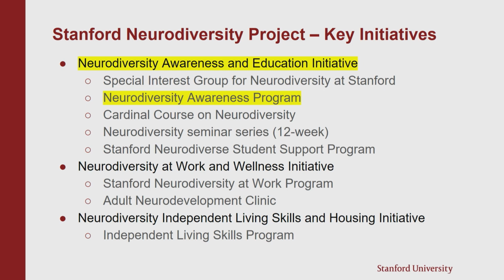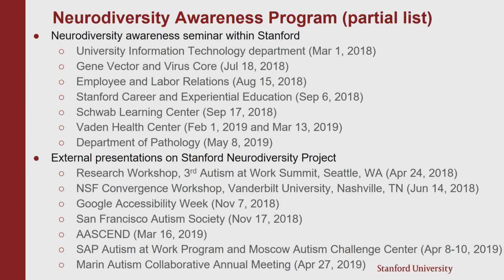So the next thing is awareness program. So basically that means I talk to as many groups about neurodiversity as possible, and this is only a small list that's included here. I talk both internally at Stanford as well as outside Stanford.